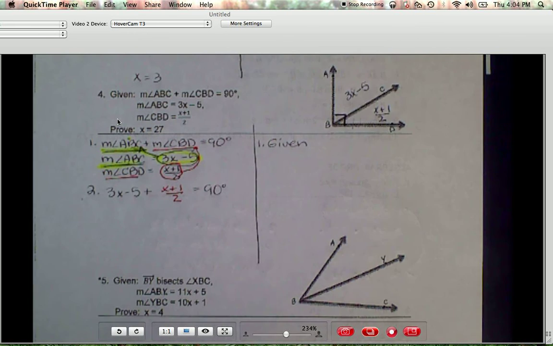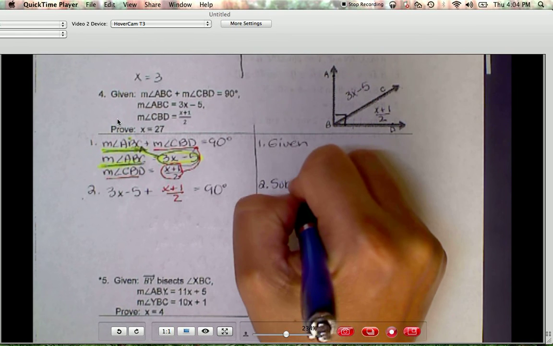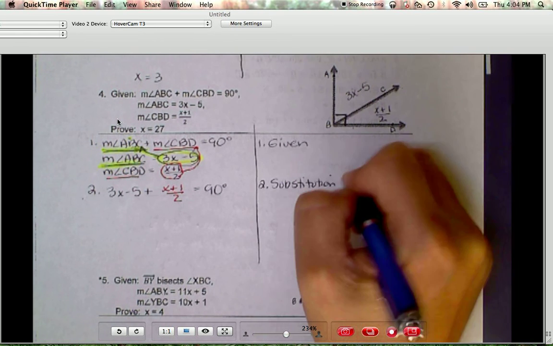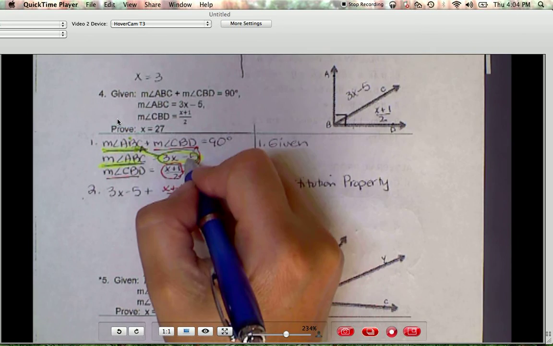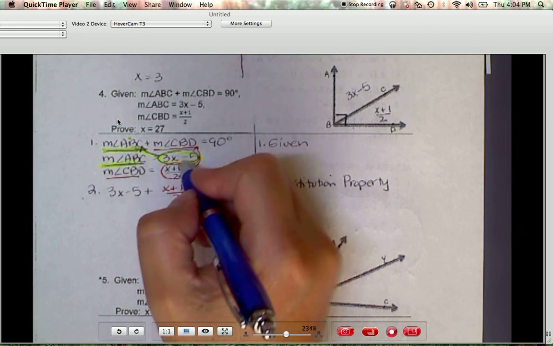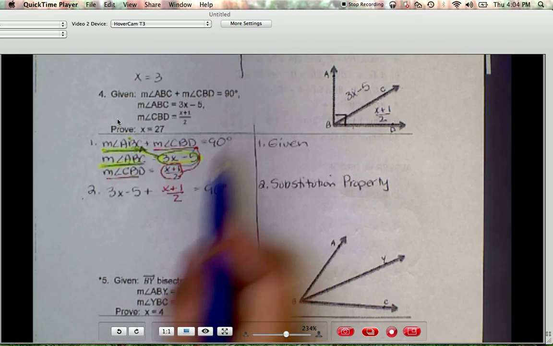That's the key word there. That is going to be an example of the substitution property. We're plugging in measures that are equal to those angles. So this is where we are.